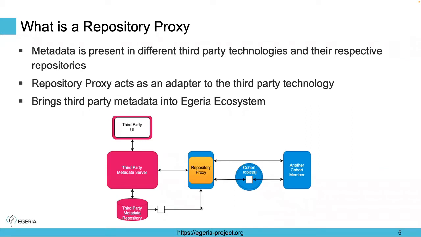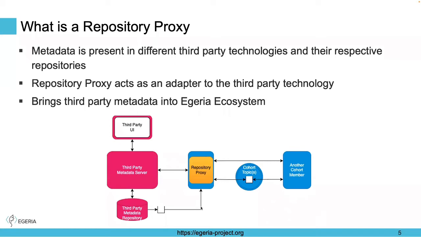This software server application is positioned, and it always sits in between the third-party technology and the rest of the Egeria ecosystem. And it talks to the cohort, so it is part of, or complies with, the protocol that we have established for the cohort and what cohort member means.